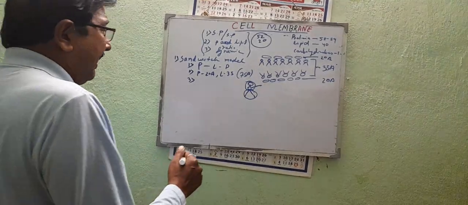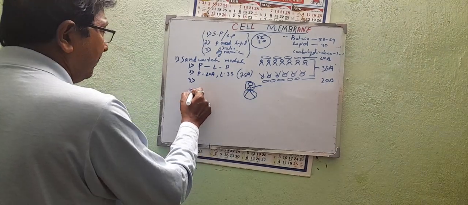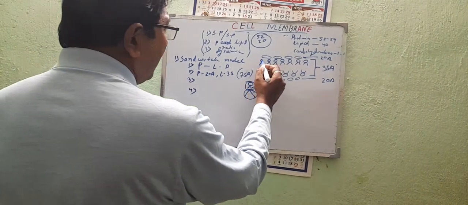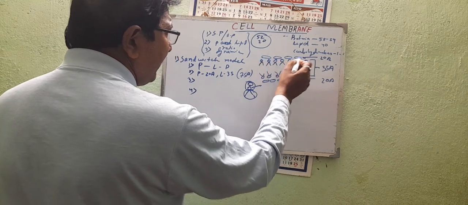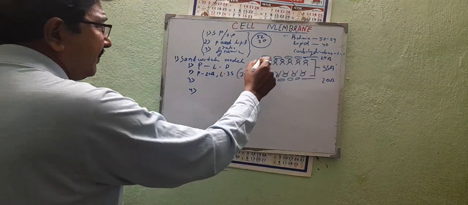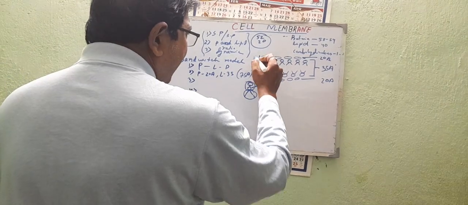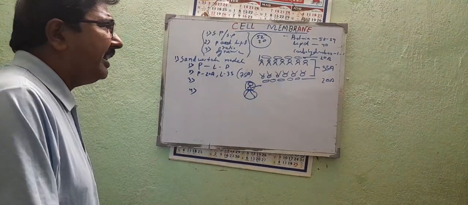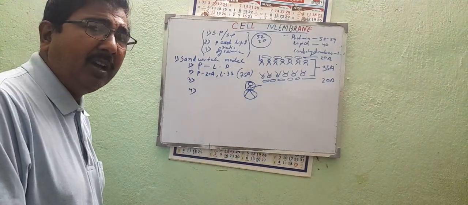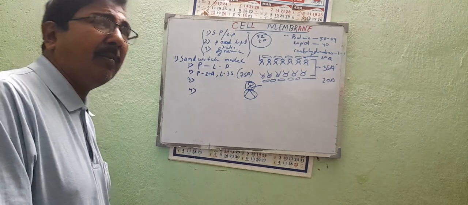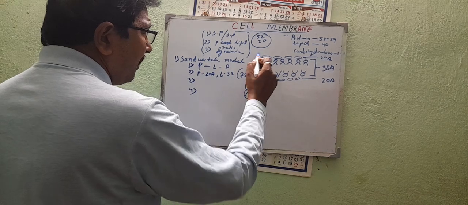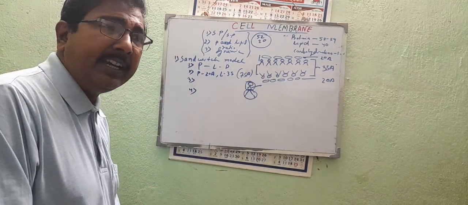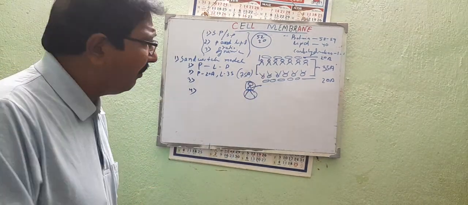Okay? Next, number 4, this polar part is attached to the protein part by a bond called a hydrogen bond or ionic bond, and the non-polar parts are also attached by a bond called the van der Waals bond.